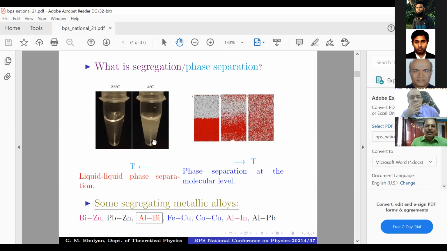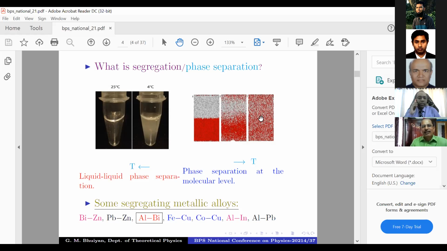And from the molecular level of description, if you look at the right figure, we can see the low temperature region and the high temperature region according to the arrow of the T. At the high temperature, you see the red and white molecules are mixed almost uniformly.